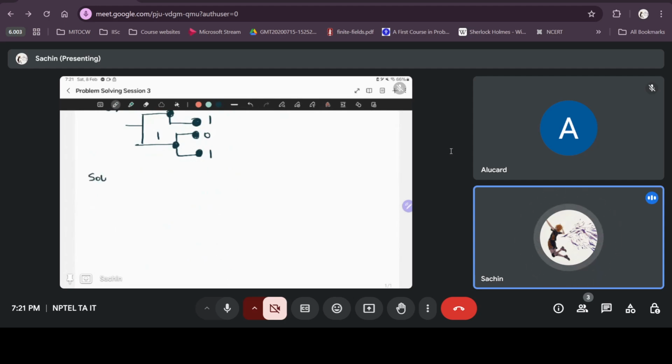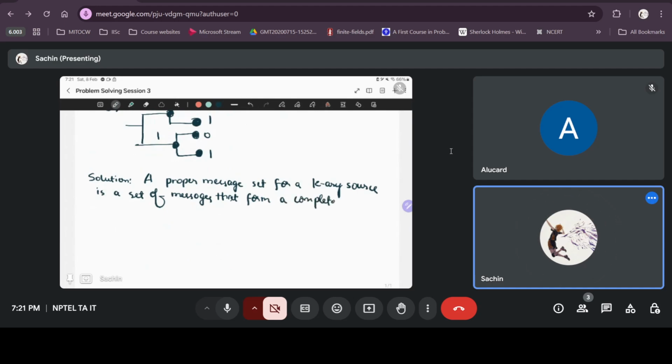A proper message set for a k-ary source is a set of messages that form a complete set of leaves for a rooted k-ary tree.